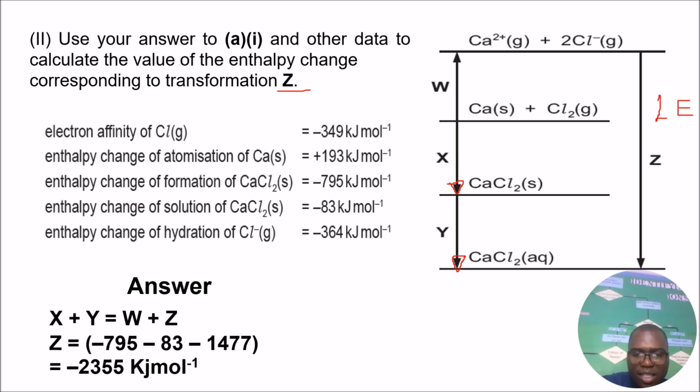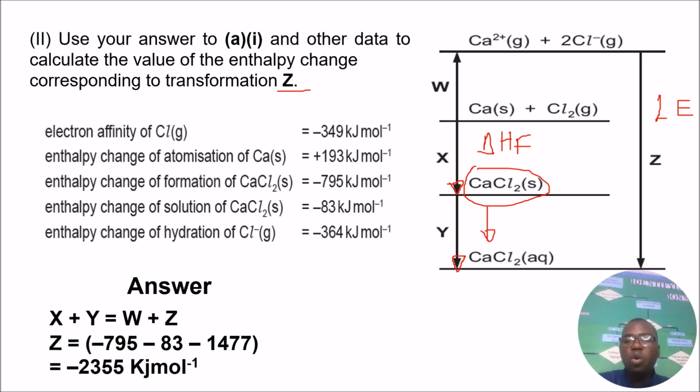Then x actually is supposed to stand for the enthalpy change of formation. Why? Because we've added calcium in its elemental state plus chlorine in its elemental state, then it gave us calcium chloride. According to this arrow, it's coming down. Then from this solid, we turned it into aqueous. Aqueous is a solution. So this is an enthalpy change of solution. That's what it means here.